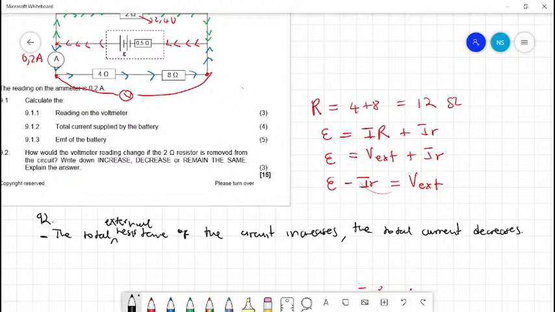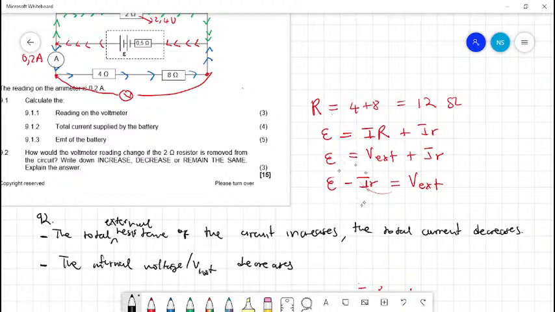That's the relationship between resistance and the current. When the current decreases, what does that tell you? This tells you that the V loss, which is I times small letter r, the internal voltage, decreases.